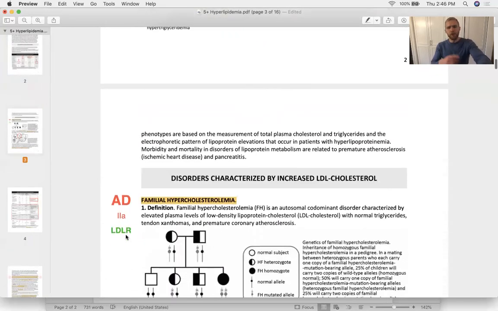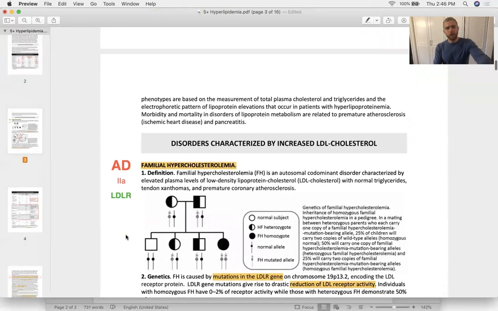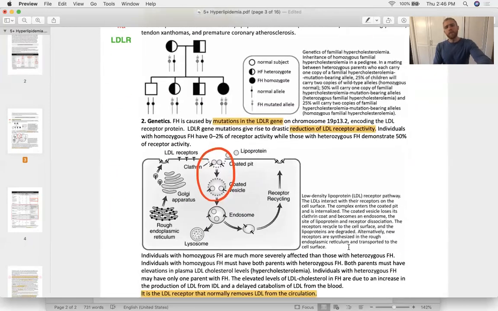Within the type 2A Fredricksons, all of them interact with this intracellular process here, the endocytosis of LDL and then the receptor recycling.